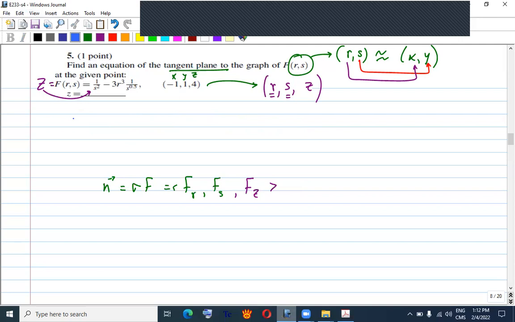So the surface would be 1 over 3r cubed, written this way to facilitate the derivative. I put s separate just to facilitate the derivative form, minus z equals 0. This is the surface that you are deriving.